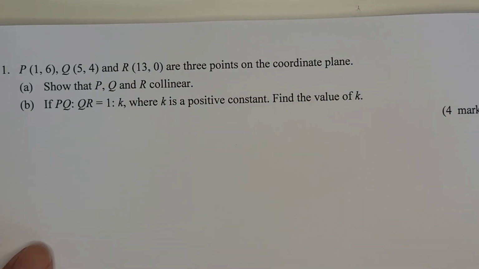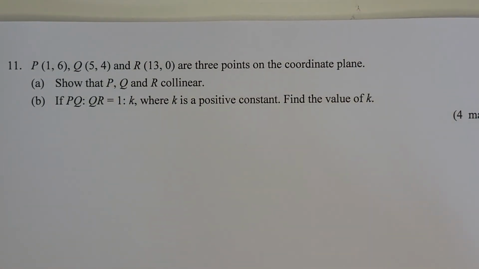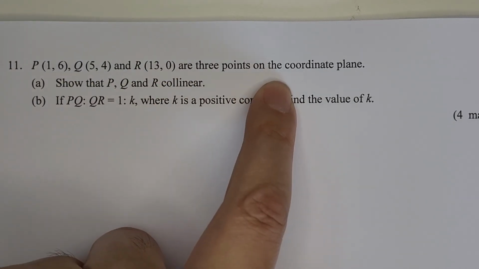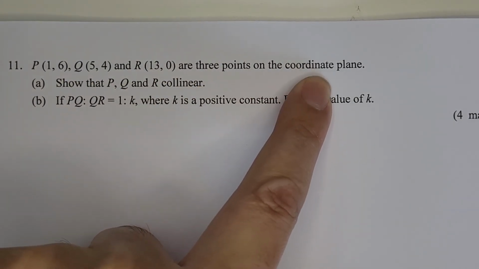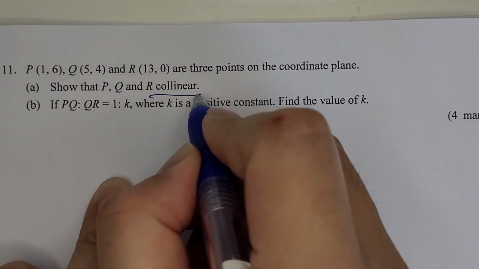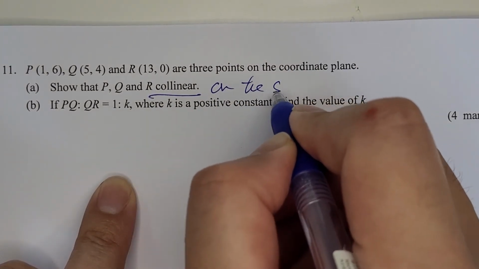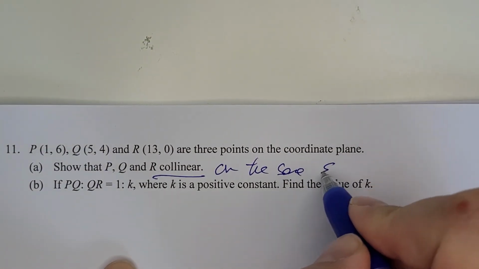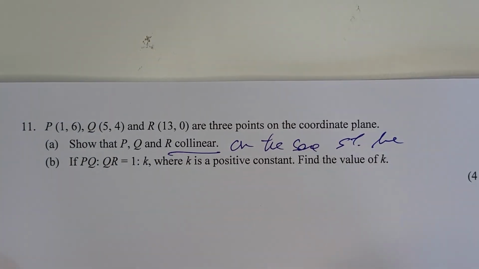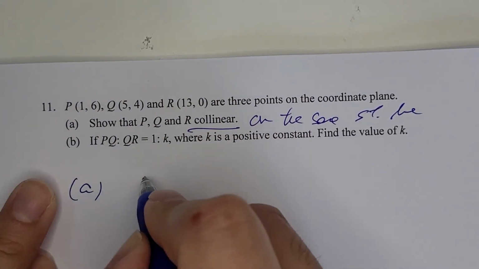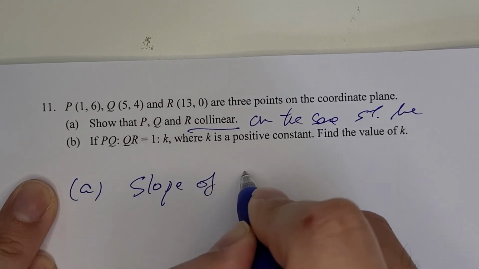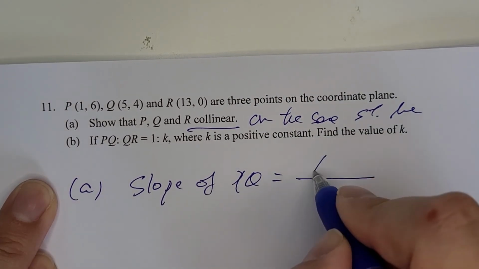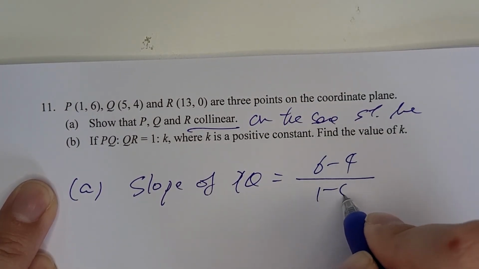And question number 11. These are 3 points on the coordinate plane. Prove that they are collinear. That means on the same straight line. How to prove that? You check their slope. Slope of PQ, that is 6 minus 4 over 1 minus 5.